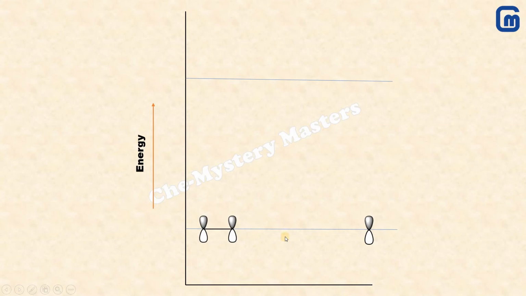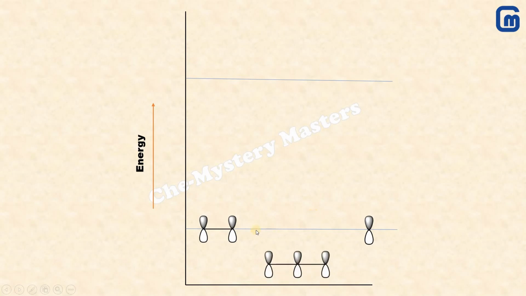There will be overlapping of these orbitals to give molecular orbitals. We all know that atomic orbitals always give bonding and anti-bonding molecular orbitals. One of the molecular orbitals obtained will be of bonding nature like this, as we have shown here.